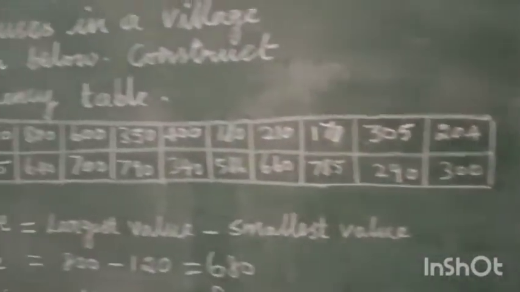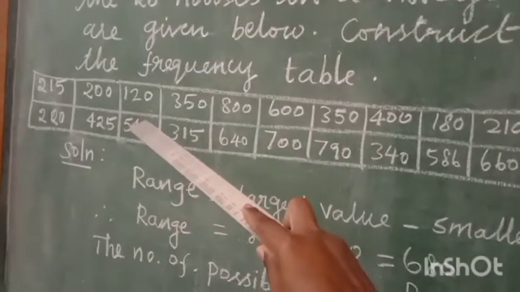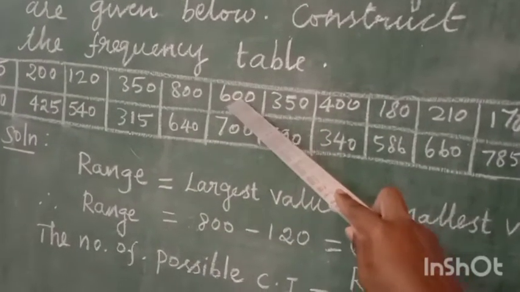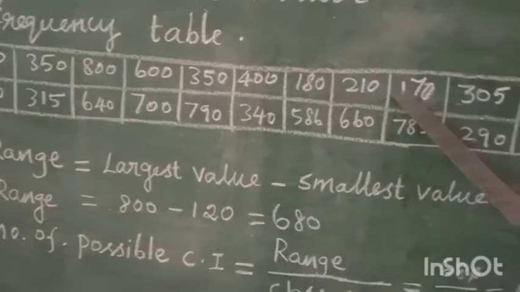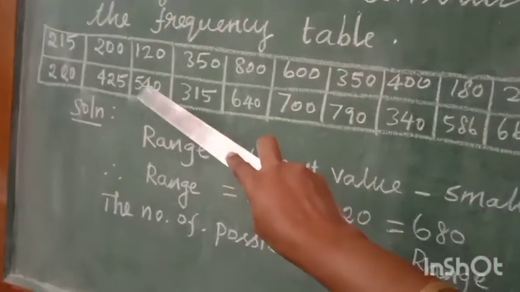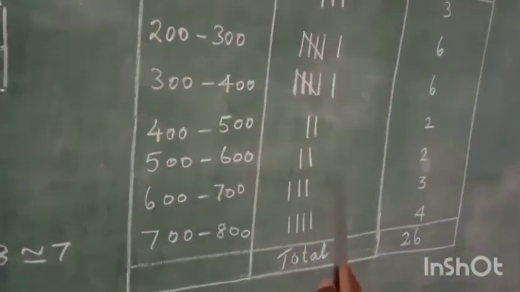Listen, see the table. 500 to 600 comes in the next class interval: 1, 2. So 500 to 600 is 2.